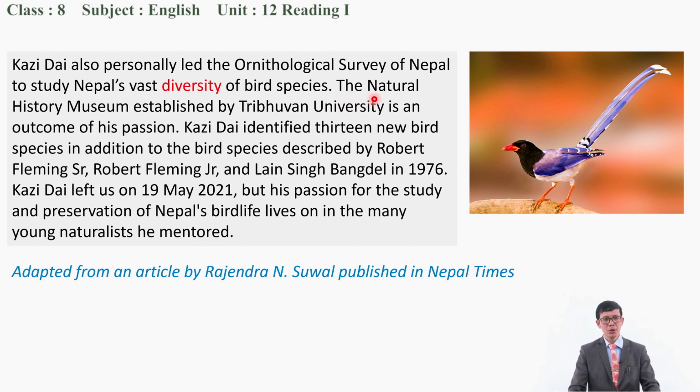The Natural History Museum established by Tribhuvan University is an outcome of his passion, and Kajidai identified 13 new bird species in addition to the bird species described by Robert Fleming Sr. and Robert Fleming Jr. and Lansing Bangdell in 1976. Kajidai left us on 19 May 2021, but his passion for the study and preservation of Nepal's bird life lives on in the many young naturalists he mentored.